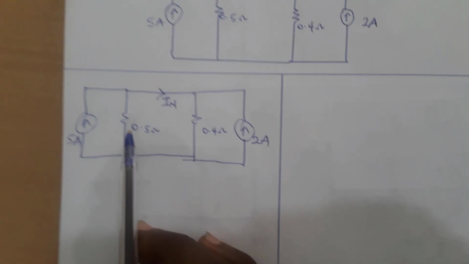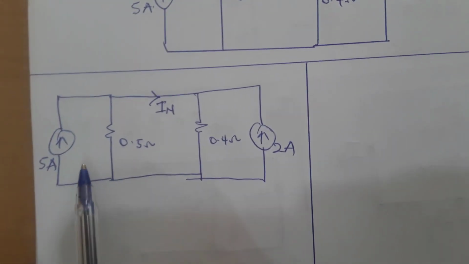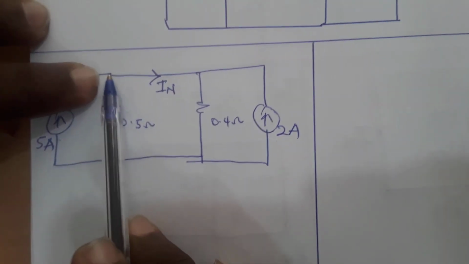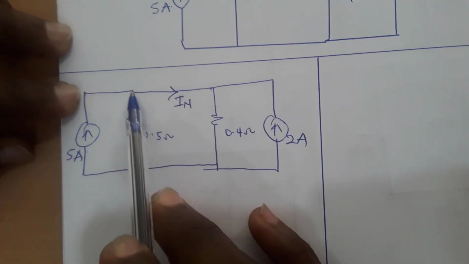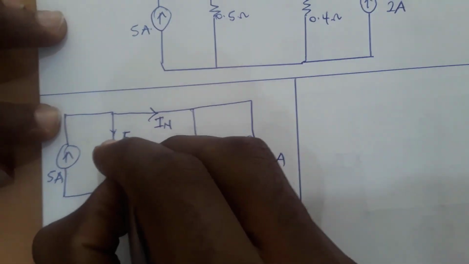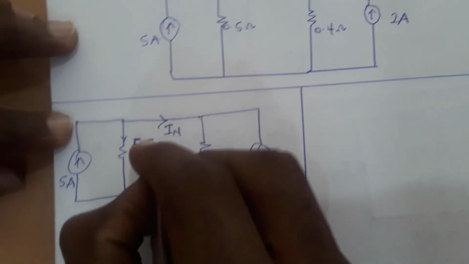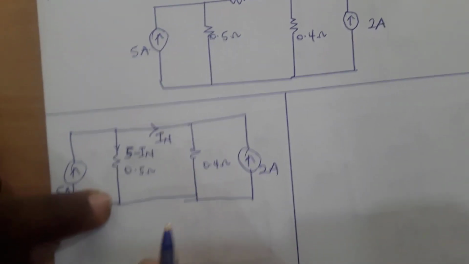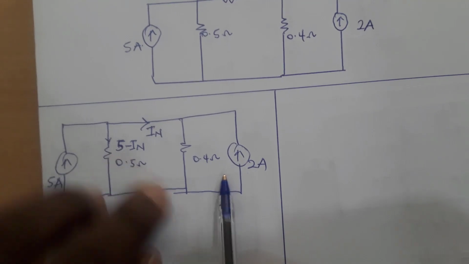But real quick, let's take a look at this. You see that 5 amperes is flowing from this branch. It will reach here, so I can say that 5 minus IN will flow through this branch, that's a 0.5 ohm resistor. And let's look at this side.